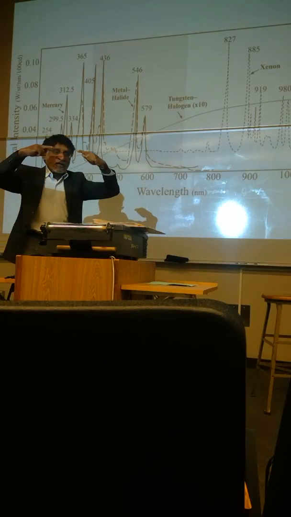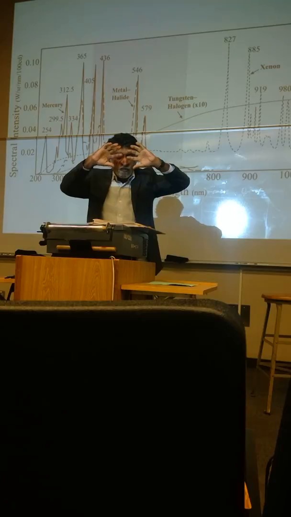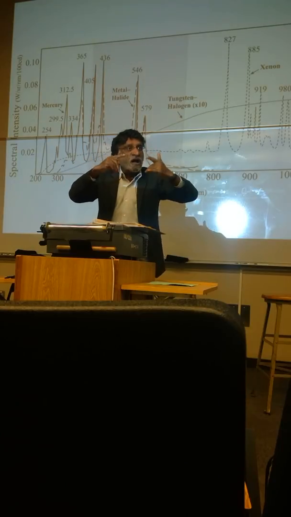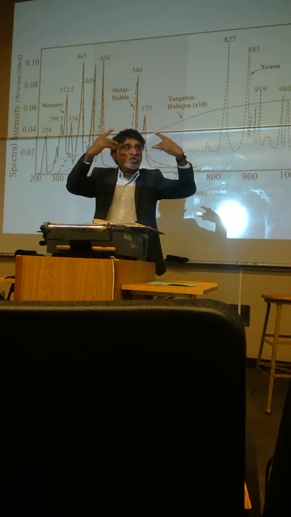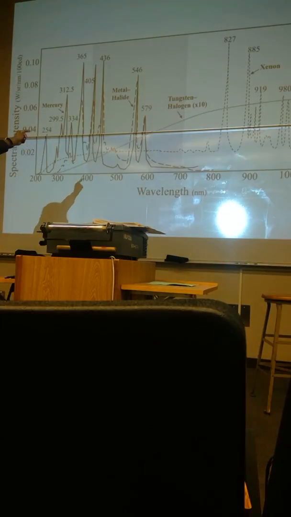Initially, people created the arc lamp, and then they had various gases in there, and once the arc was struck, the gases got ionized, and they produced their own spectrum. And therefore, depending on which gas you put in there, the spectrum looks different for these arc lamps.